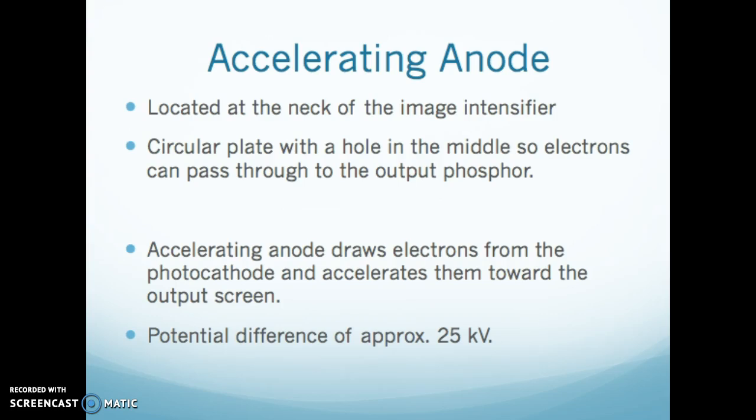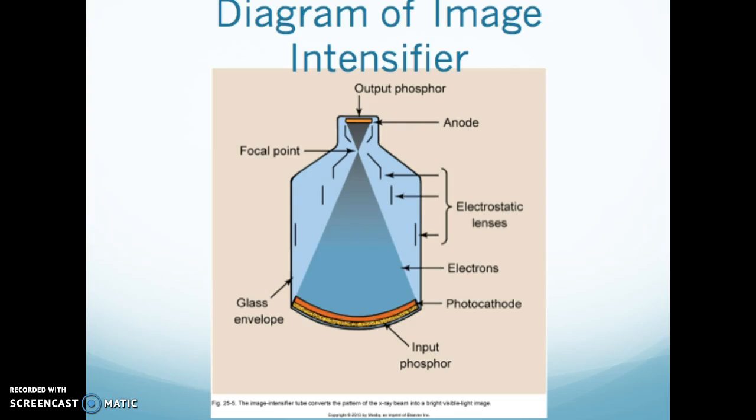It's a circular plate with a hole in the middle so electrons can pass through to the output phosphor without interacting with it. It draws electrons from the photocathode and accelerates them towards the output phosphor. So here it is again, the potential difference is 25,000 volts. Very important.